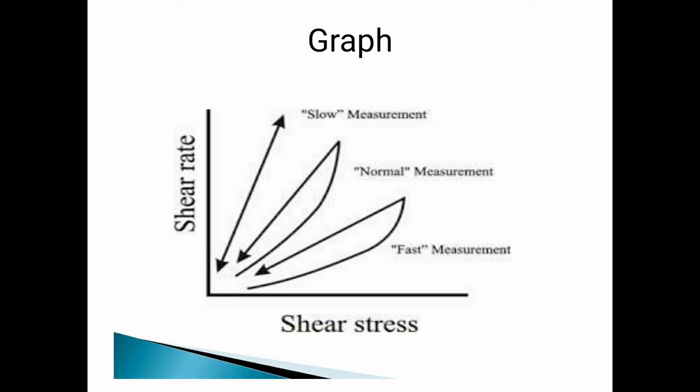In normal measurement less time is required after shaking as compared to the first one. This is known as normal measurement, and this is known as fast measurement.